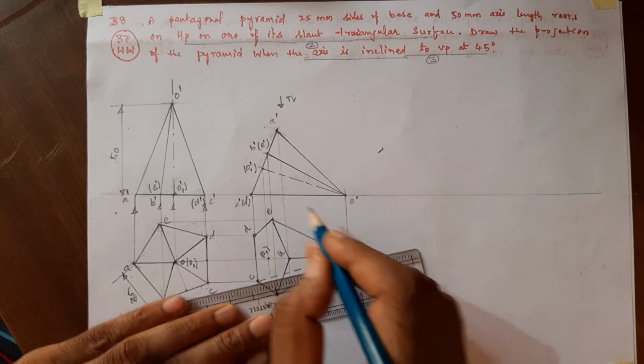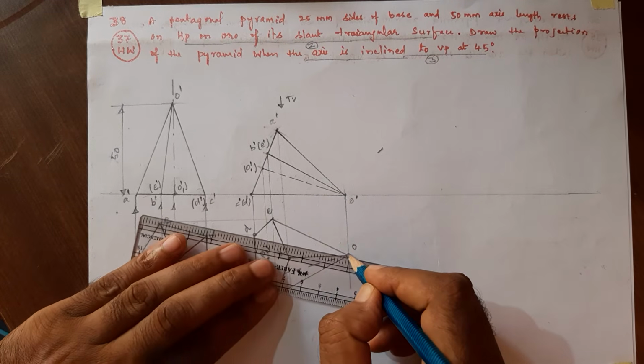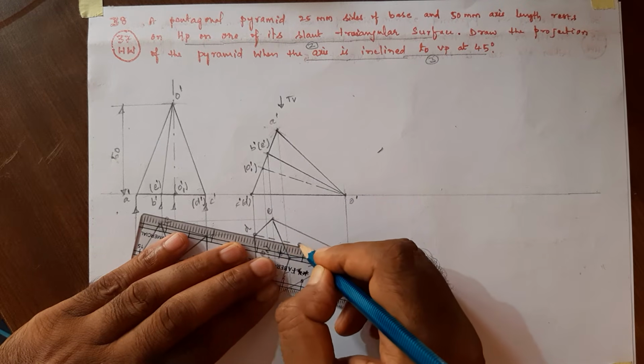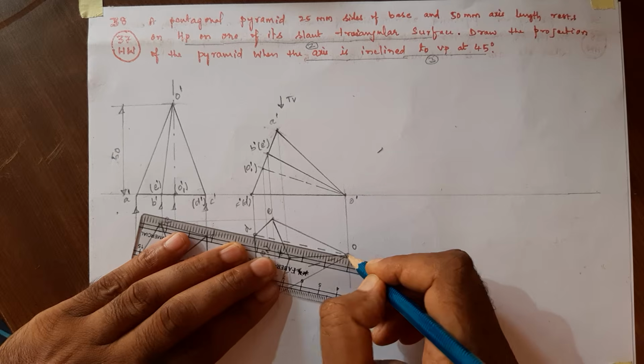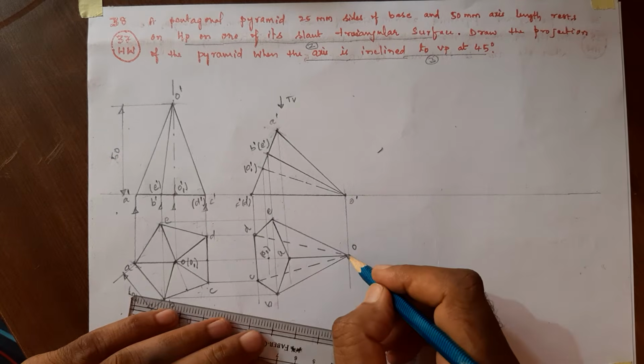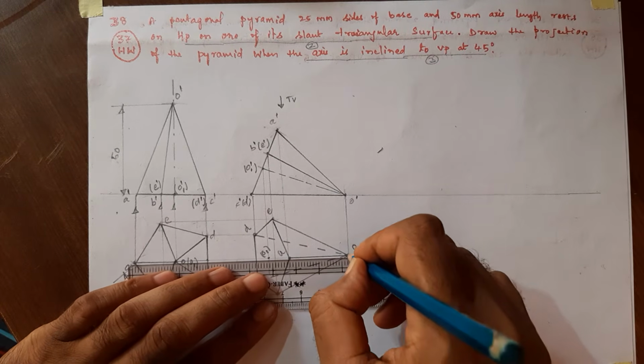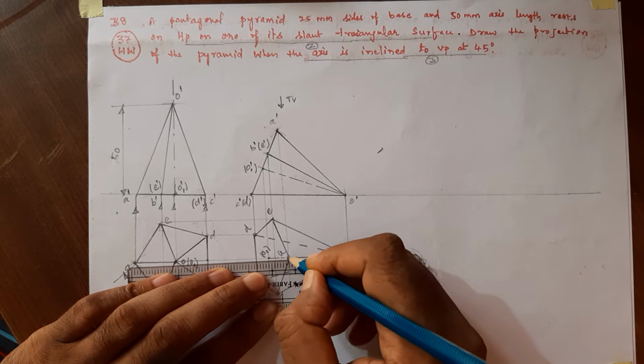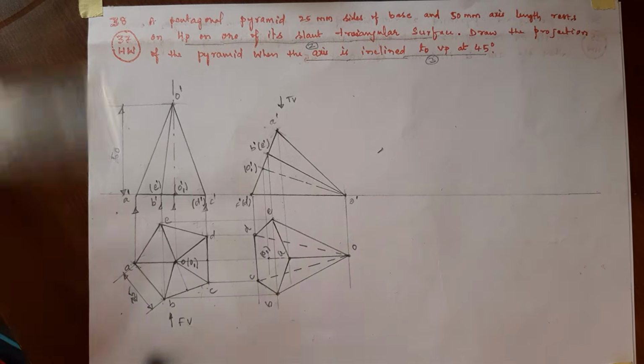Similarly, O dash to D dash. So see, O to D. Next, center point, draw with lines. So this is the top view.